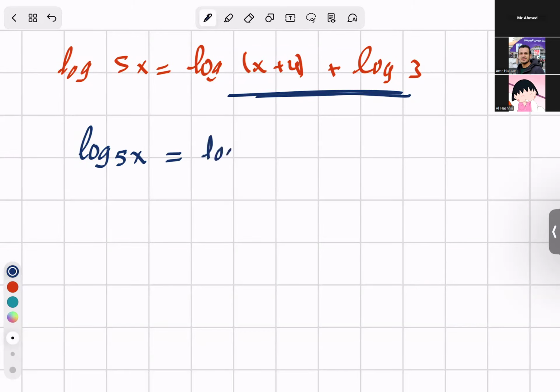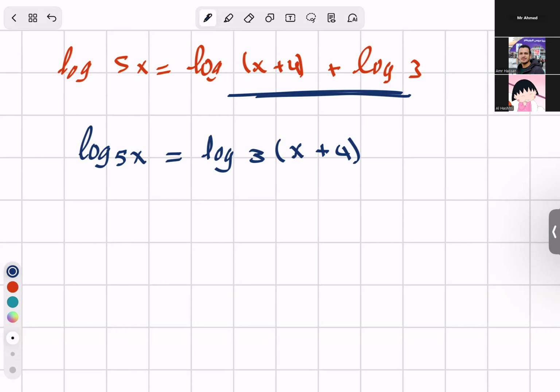Let me write it: 3 multiplied by x plus 4, equal to log 5x. So I turned it from addition into multiplying, right?